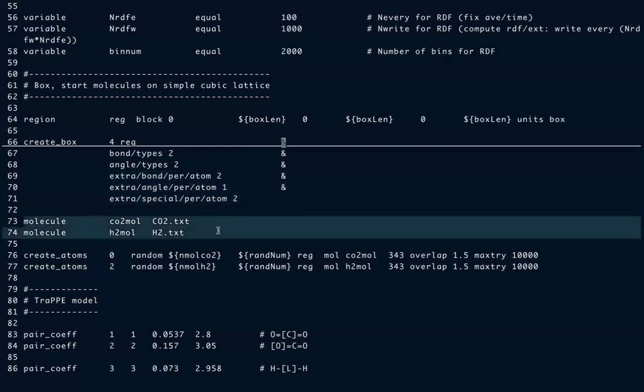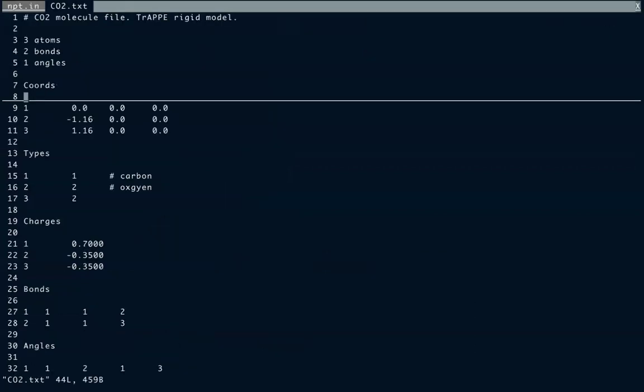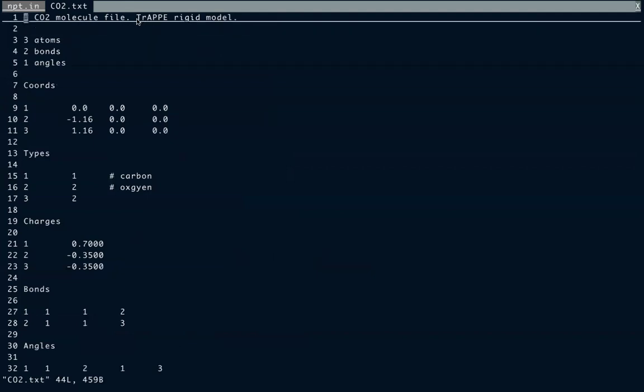Now, I have to instruct LAMMPS what the different molecules in the system are. So firstly, let me show you what I have in co2.txt. In the co2.txt, I'm using the rigid TraPPE model.